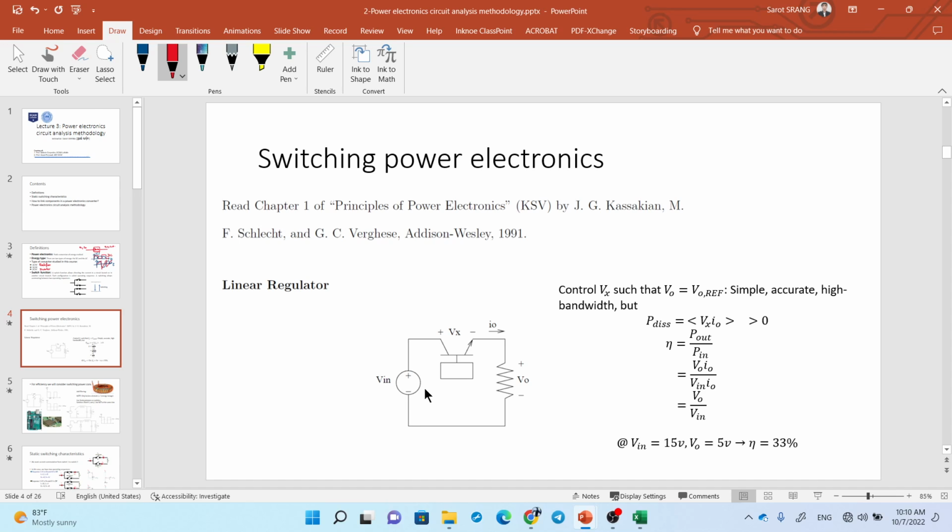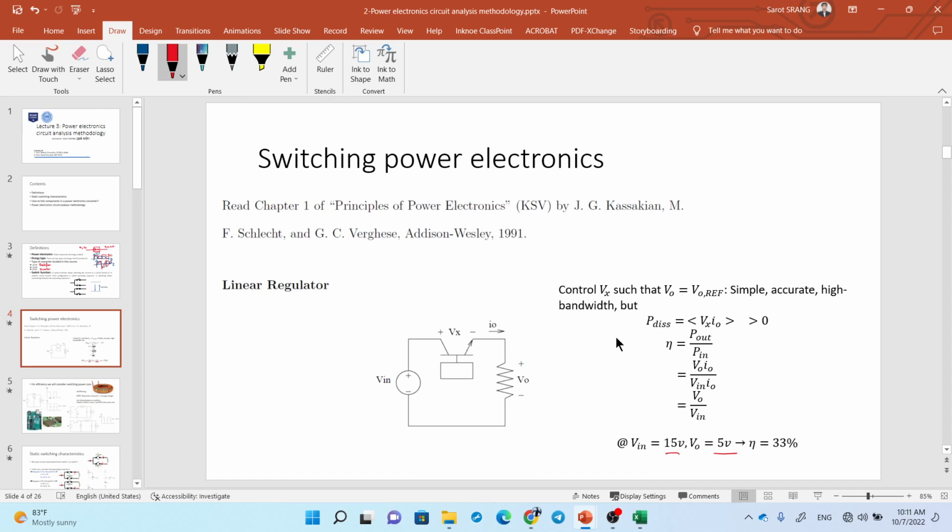Some parts need 12 volts for a motor to spin the CD or something else. The hard disk also has a motor, so it needs 12 volts. So you have the highest voltage like 12 volts, but you also need 5 volts for other electronics, so you need a regulator. This regulator controls the output to be 5 volts, and let's say V in is 15 volts.